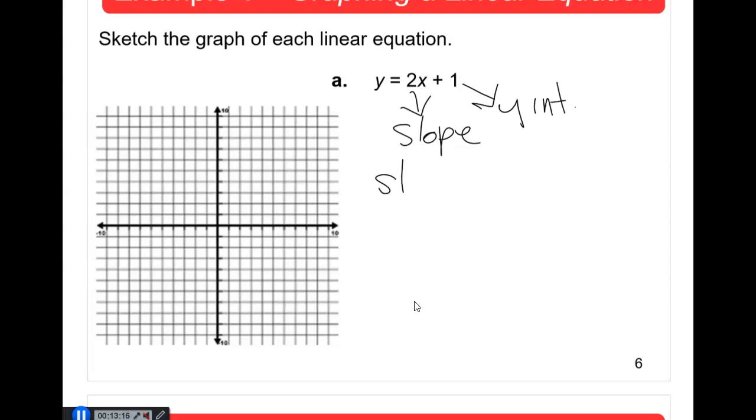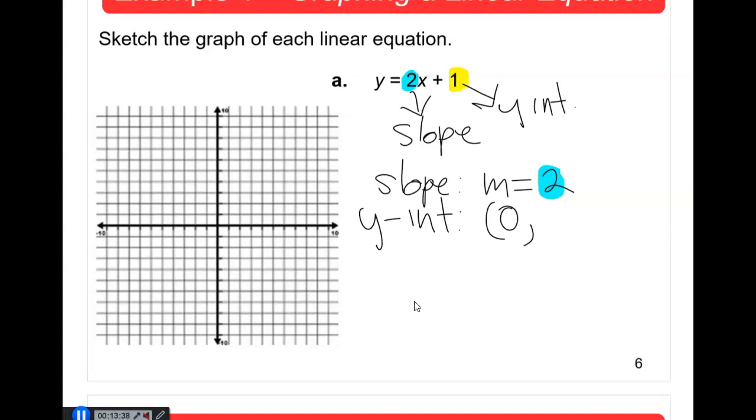So we're going to say that the slope is equal to 2. The slope is always the coefficient of the x value. Always. And for the y-intercept as a point, remember the x is always 0. And then the y coordinate comes from the constant term of the linear equation, which is 1.